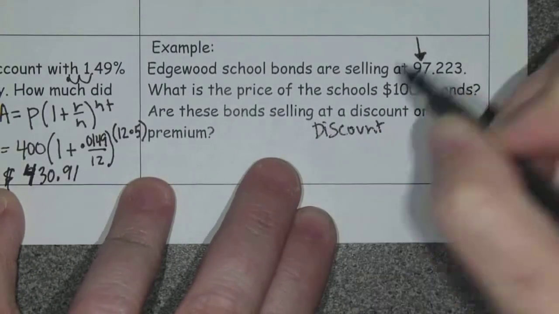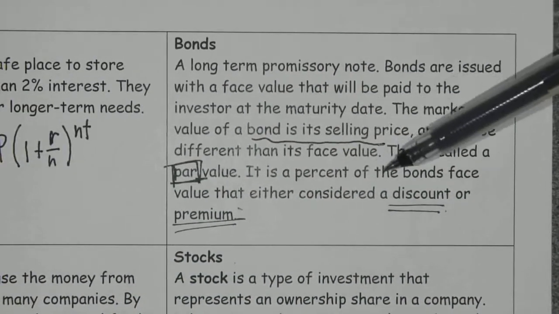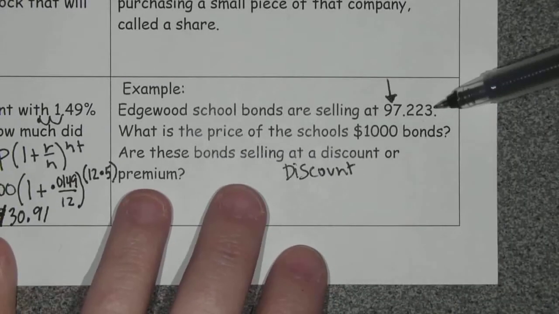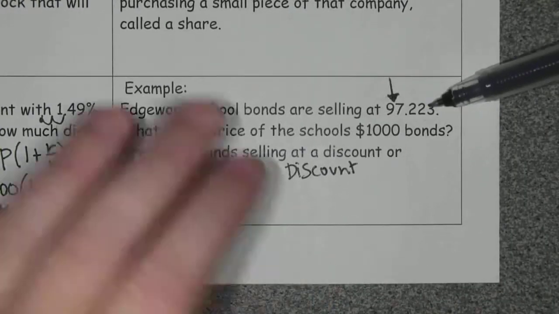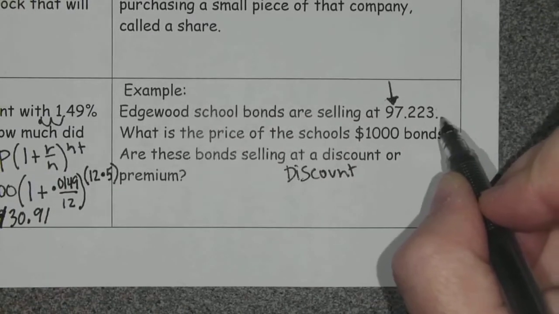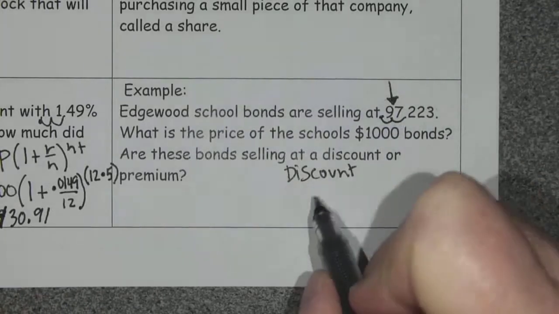If you remember up here in the instructions, it said that the par value they give me is always a percentage. So even though this doesn't have a percent sign on it, this is a percentage. In order to multiply by it, I either need to put the percent sign behind it on my calculator or change my decimal point 2 places.